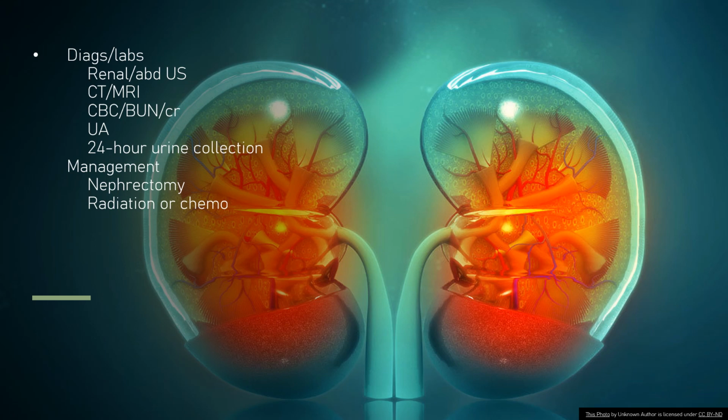BUN and creatinine might be a little elevated. We're going to do a UA and or a 24-hour urine collection. The management of these children has to be a nephrectomy. We have to remove the involved kidney, and then they have radiation or chemotherapy, possibly both, depending on whether it's a favorable or an unfavorable prognosis.